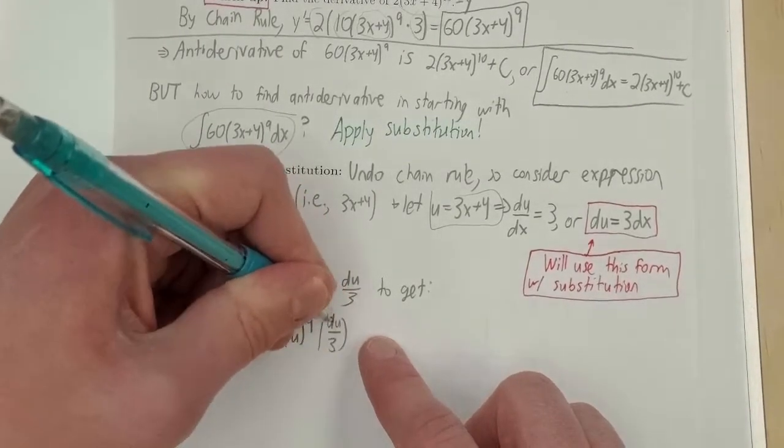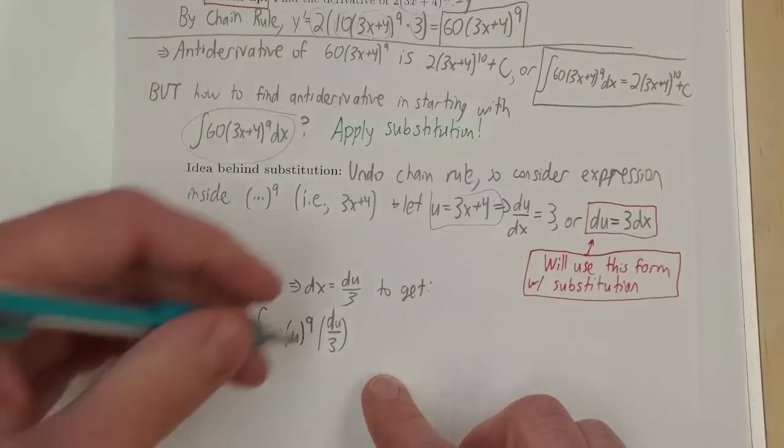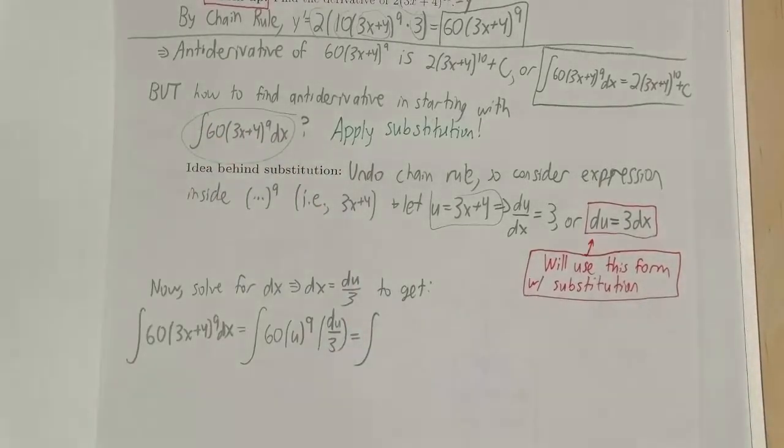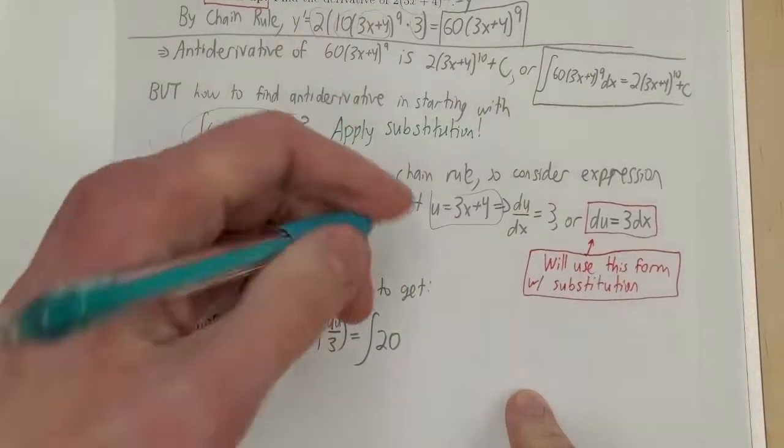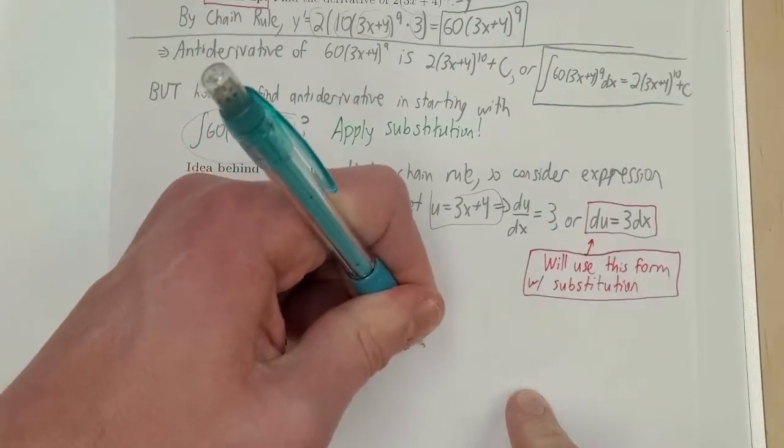Cleaning this up, 60 over 3 is 20. So we have 20 times u to the 9th, and then du.